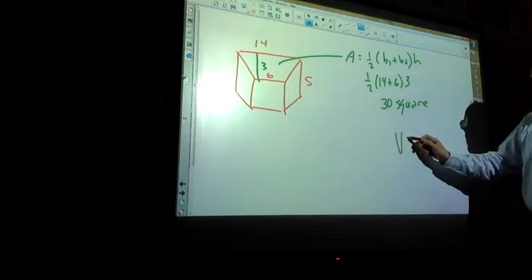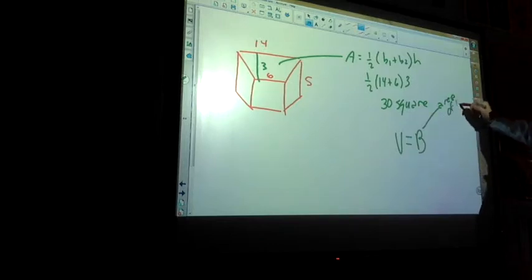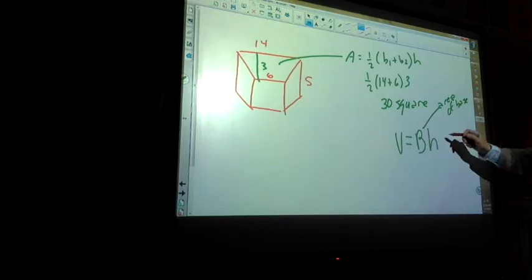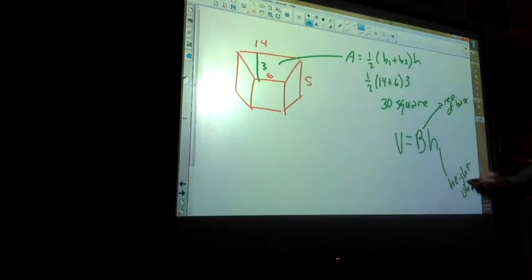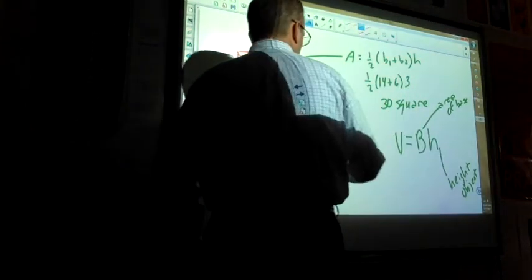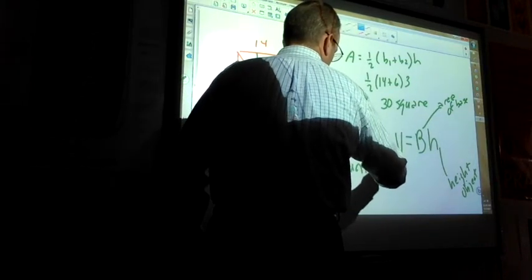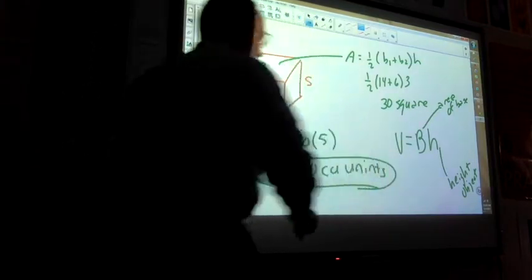And now if I wanted to define the volume, it's the area of the base times the height of the object. So what's the height of our object? 3. The height of our trapezoid's 3. 5. 5. So my volume is equal to 30, that's my area of my base, times 5. So I wind up with 150 cubic units. And that's how I find the volume.